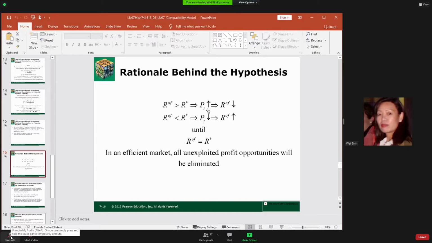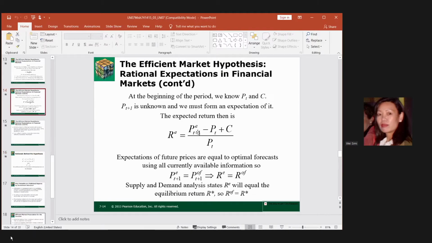You buy today, so the price today is going up. So if this is going up, what happens to your formula? Look at the formula. If we all buy, we buy at P_t, so this goes up. This one didn't change yet, so this one goes down, right?